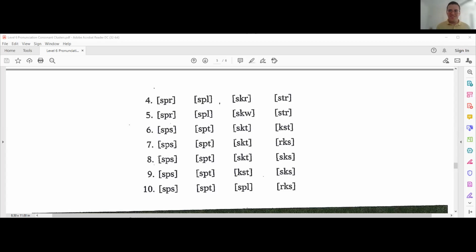Doing good so far? All right, let's keep going. Number 4, strong. You must be strong to lift 100 pounds. Strong. 5, square. A square is a shape with 4 equal sides.